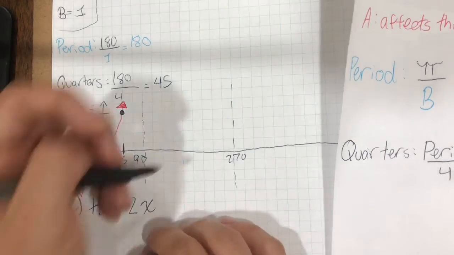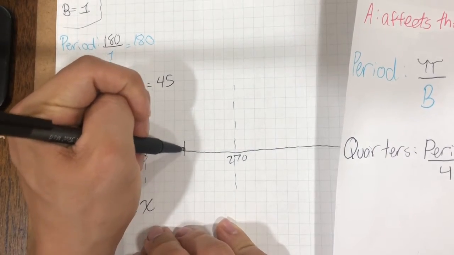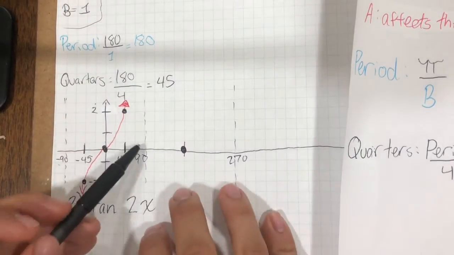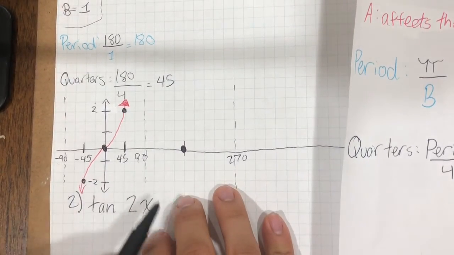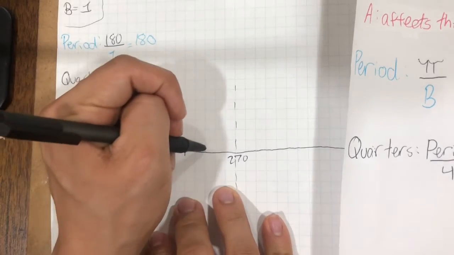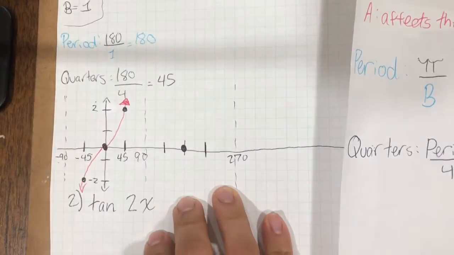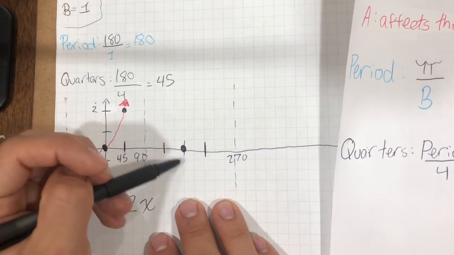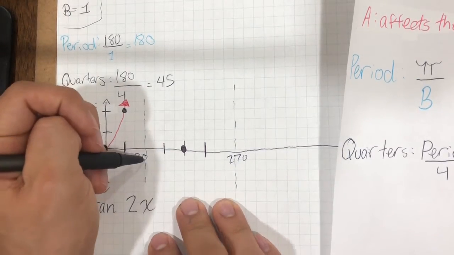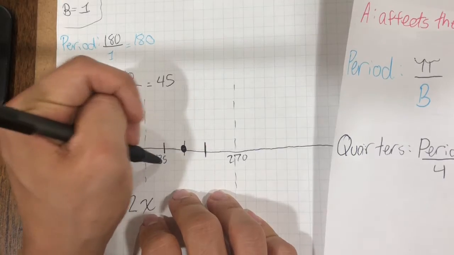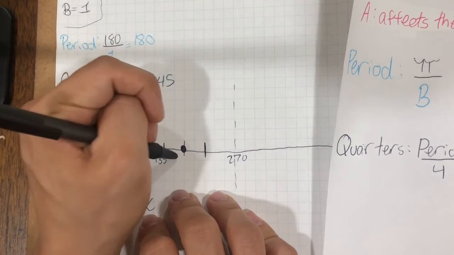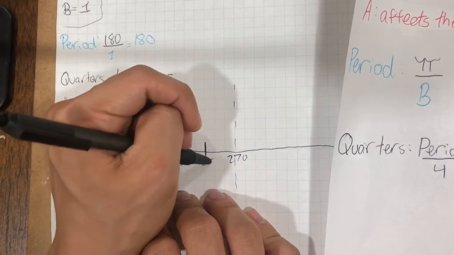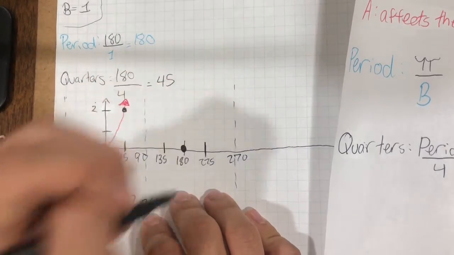All right. And then I have a middle point in every graph in between 2 asymptotes, and I'm going to split the middle into 2 smaller halves. So for each x value going by 45: 90 plus 45 is 135, 135 plus 45 is 180, 180 plus 45 is 225, and 225 plus 45 is 270.